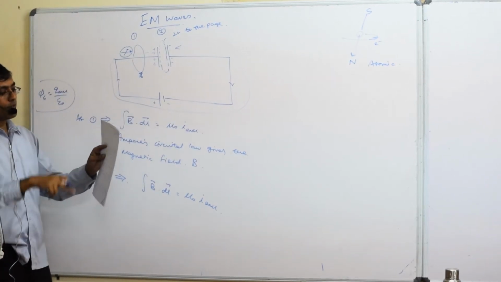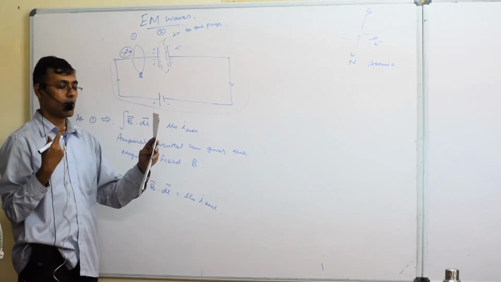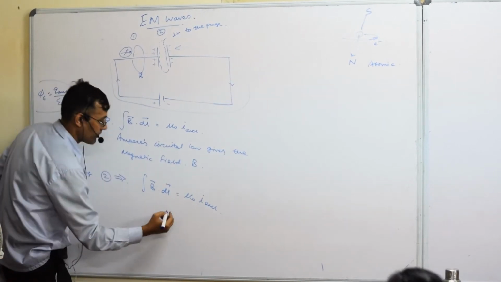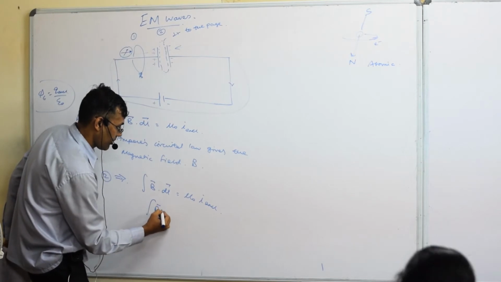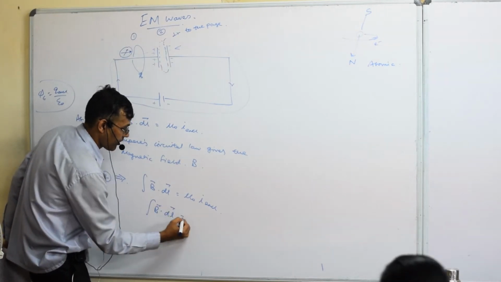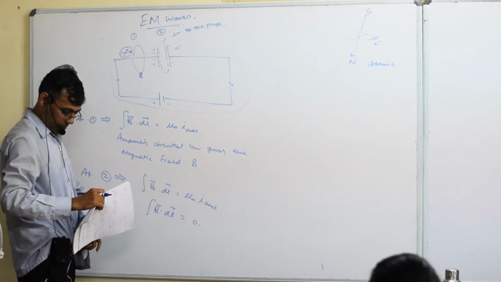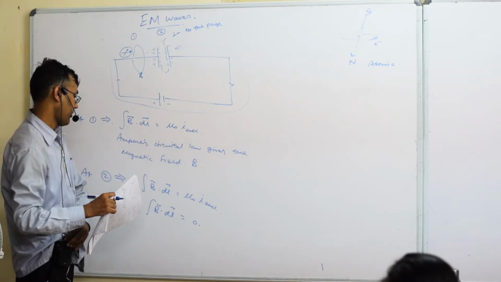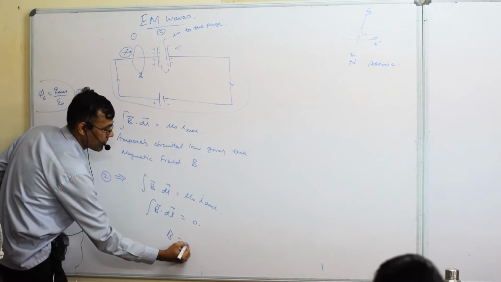So if I take the loop here, is there any current flowing through this capacitor? No, right? So the current I enclosed will be 0, which means integral of B dot dl is equal to 0. See, if this is 0, B is also 0.